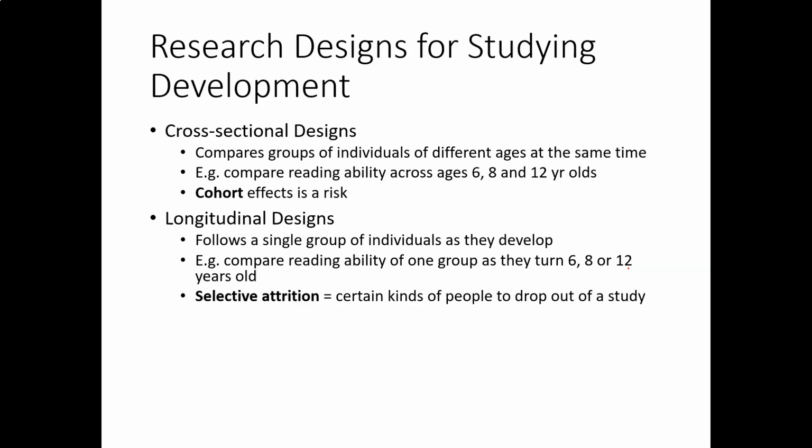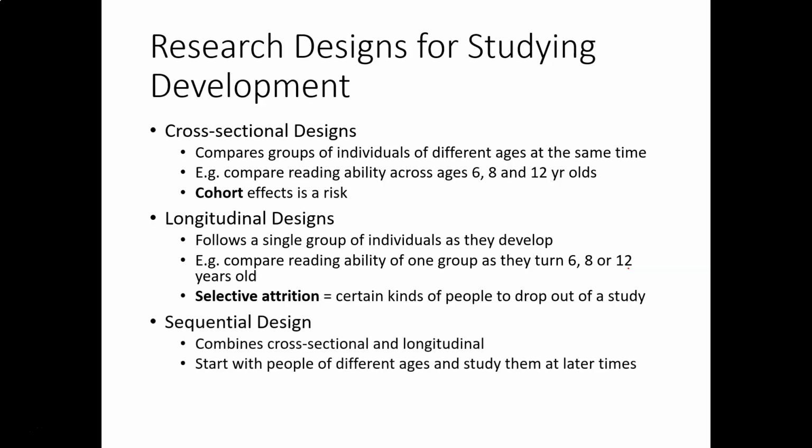And so because longitudinal designs are so lengthy and time-consuming, people sometimes drop out. And then who you're left with no longer represents the population, and so you can't be sure that what you are finding actually applies to the general population.